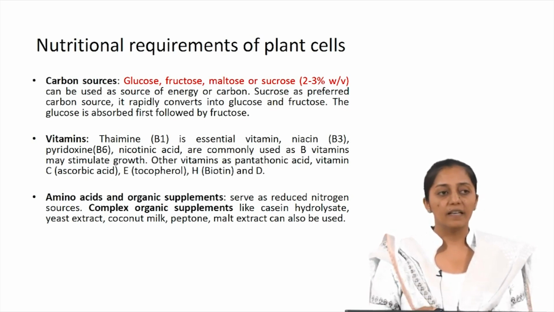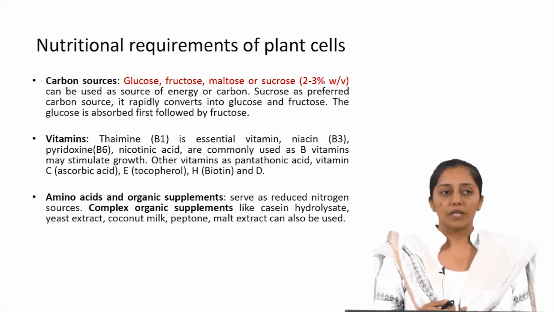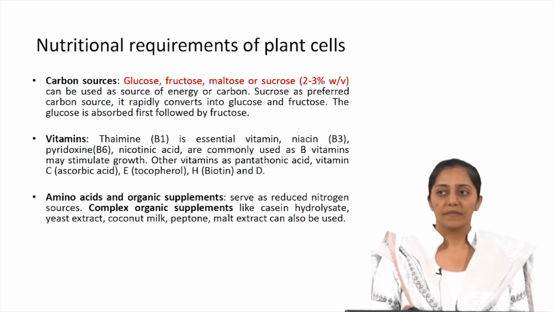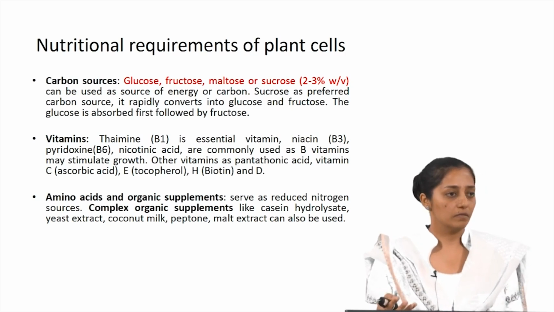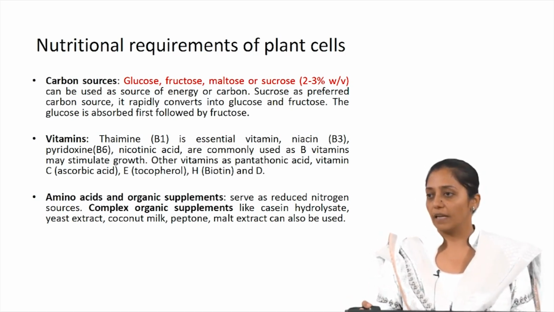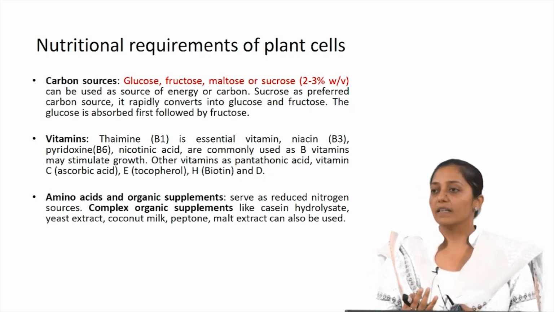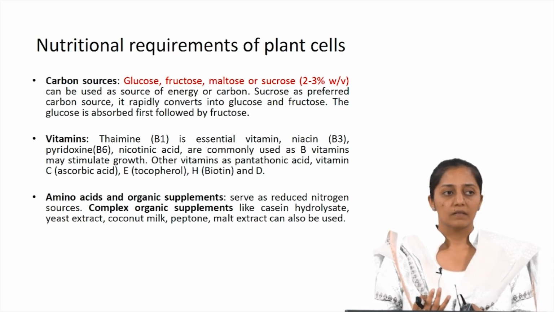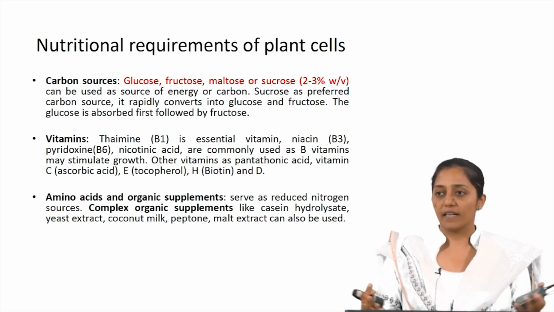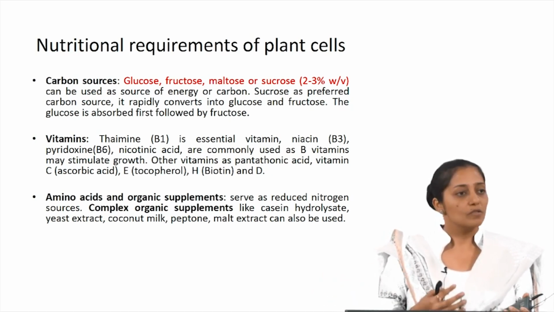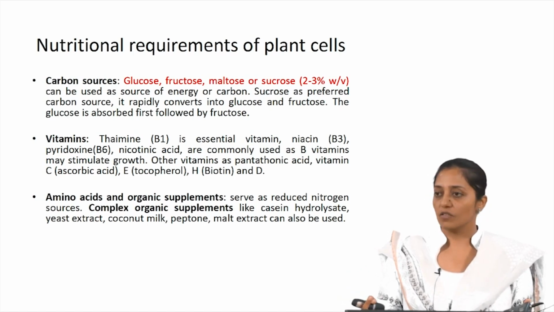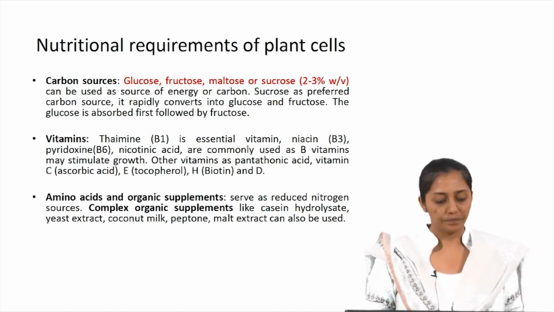So, as she said, if there is only glucose present, the growth can be faster because it is an easily metabolizable sugar, readily available to the cell, can be taken up. But one is the cost and the second is, not all glucose is needed at one given time. So, slow assimilation is also one of the reasons.